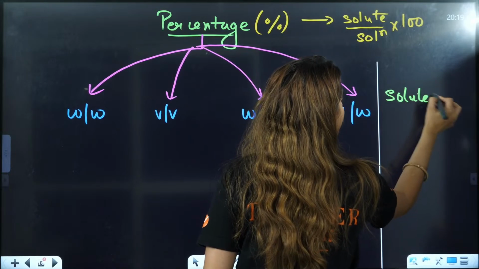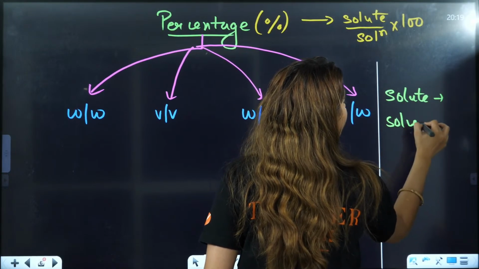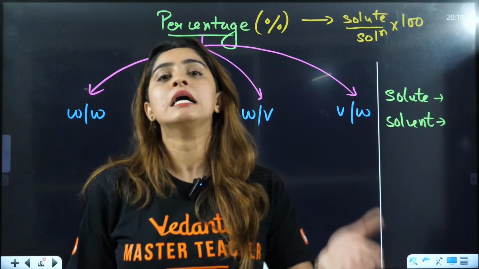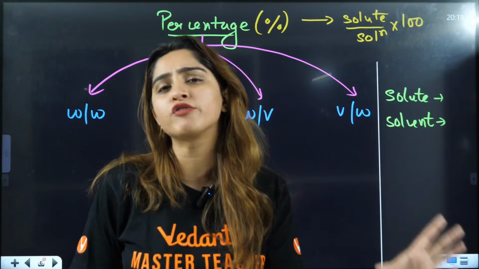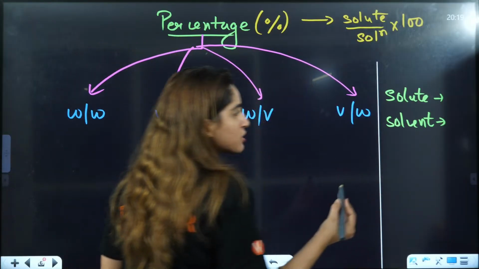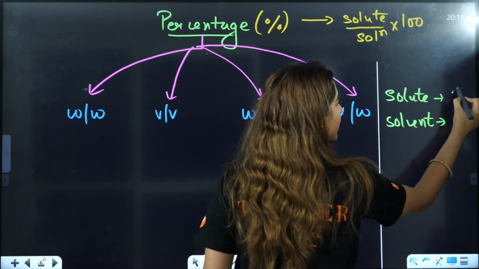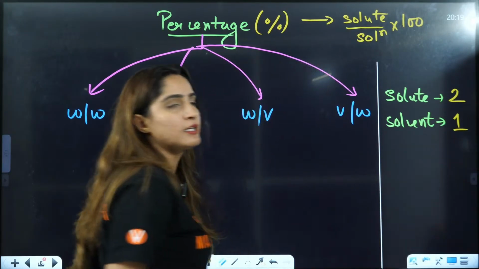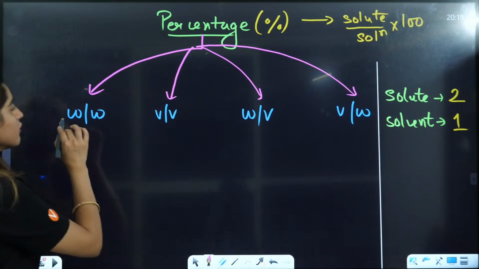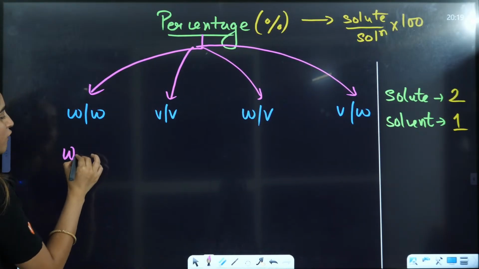Solute is represented by 1 or 2? Solvent is represented by what? This is not something you have to represent like that, but to make things easy, in most of the books you will see this. So in my formulas also, solute is represented by 2 and solvent is represented by 1, right?